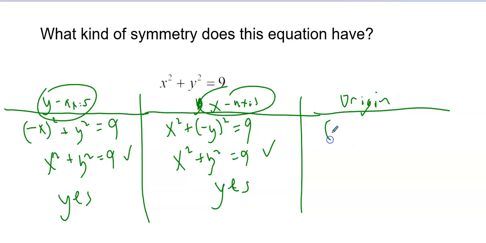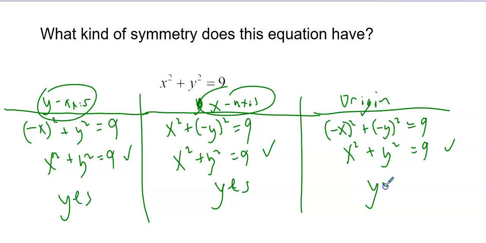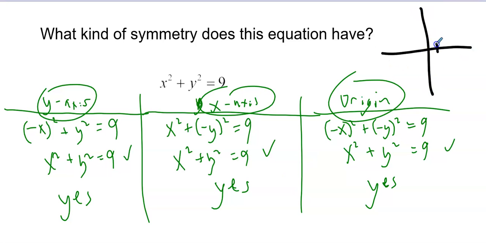So you plug in both negative x and negative y. Simplify, as in that term's always positive, that term's always positive. That's the same function. Yes, it has origin symmetry. And the reason for this is the graph of that function, or it's not really a function, it's an equation.